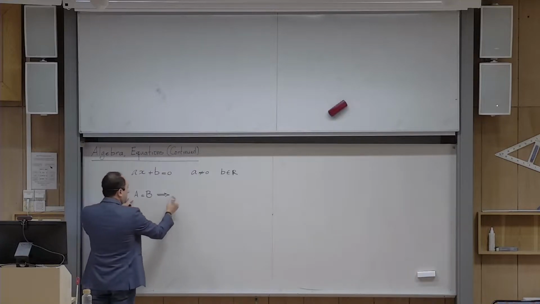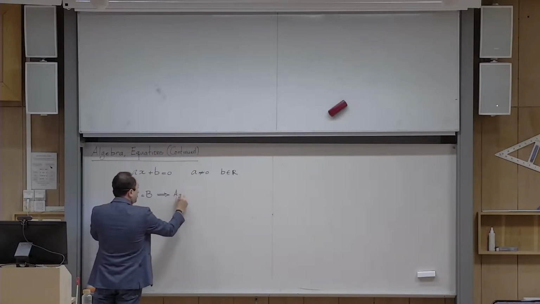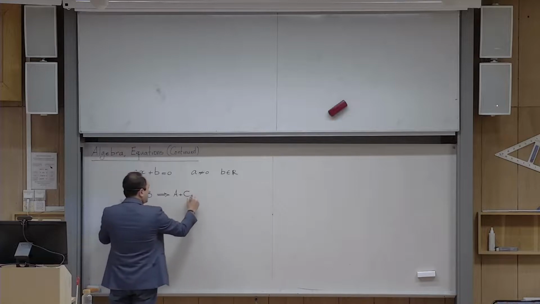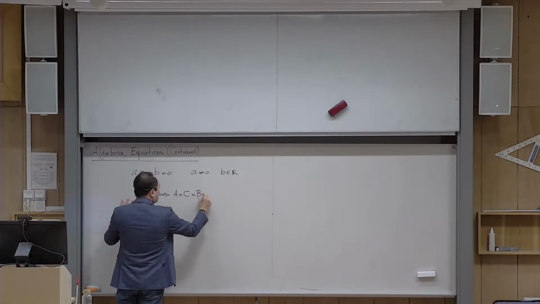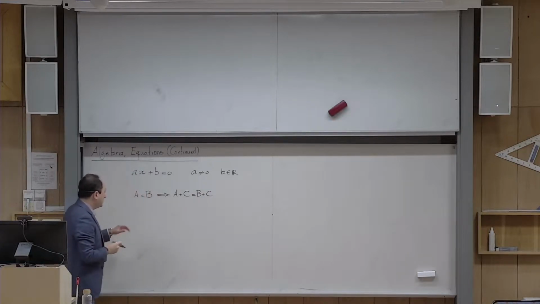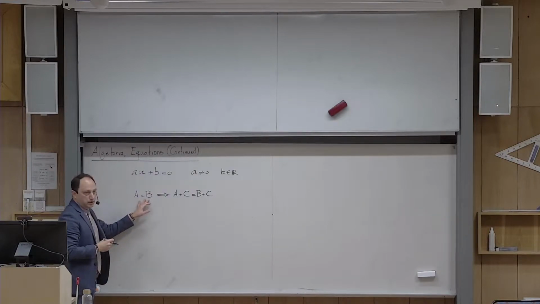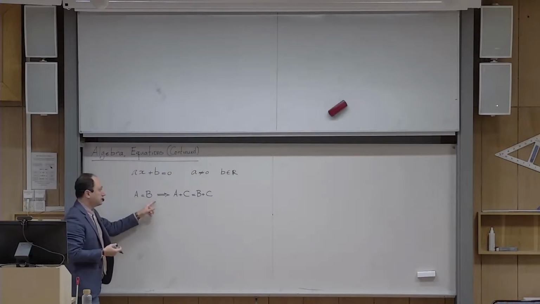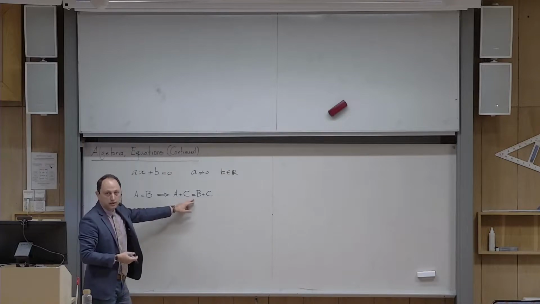What do I mean by that? You can write A plus C is also equal to B plus C. So if A and B are equal numbers, and you add one number C to both sides, the equality still holds, yes?